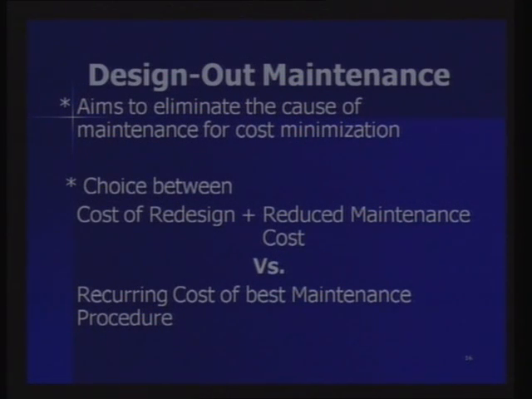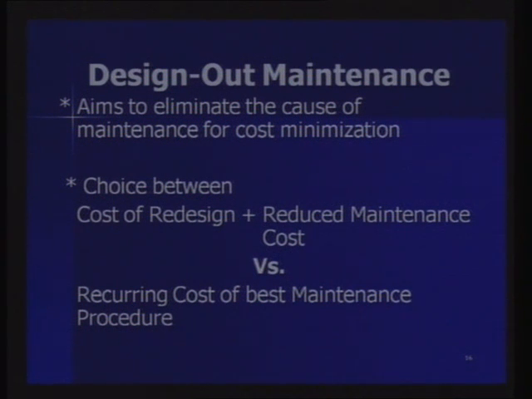Design out maintenance. Here we try to redesign the equipment if necessary. Due to a certain design defect, equipment may fail repeatedly. In that case, we incur the cost of maintenance. So it is a choice between the cost of redesign plus reduced maintenance cost, because the whole purpose of redesign is to reduce the maintenance cost or the maintenance time. Cost is proportional to time.